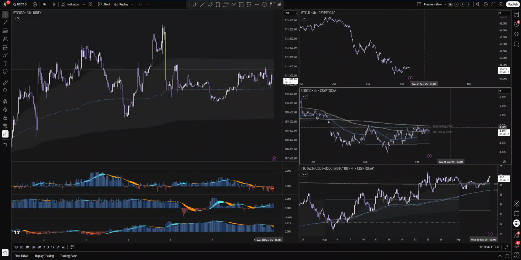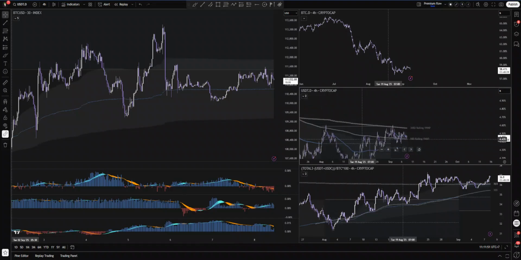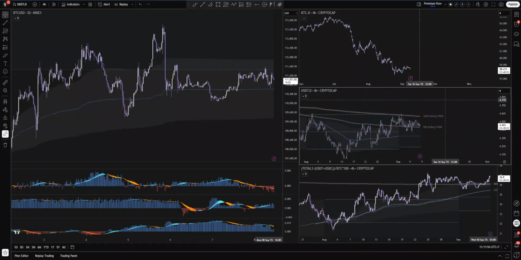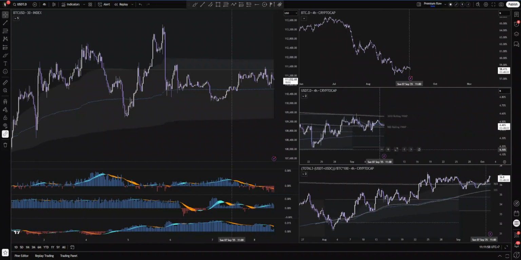Okay, for USDT dominance, we are consolidating above the previous monthly area high and also have tested the 90-day rolling VWAP.